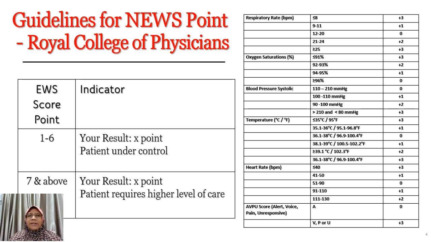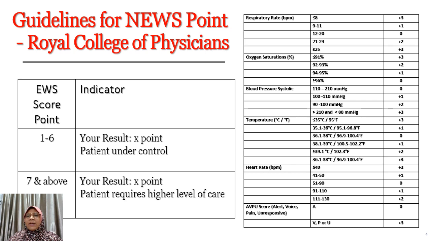And in terms of the vital signs values, we have respiration rate with a specific score. For example, if the breathing rate is around 12 to 20 breaths per minute, the score will be 0. If the breathing rate is 21 to 24, the score will be plus 2. If more than 25, meaning that the person is hyperventilating, the score will increase to 3.